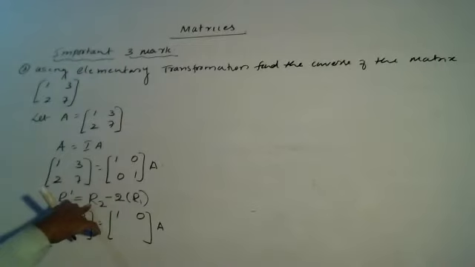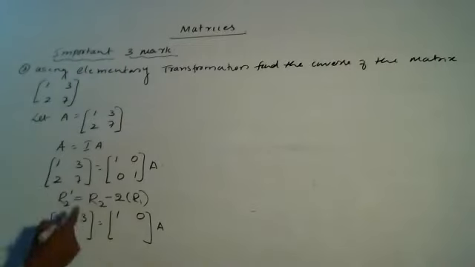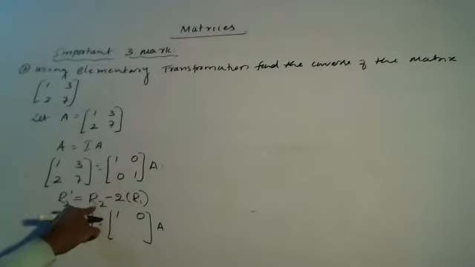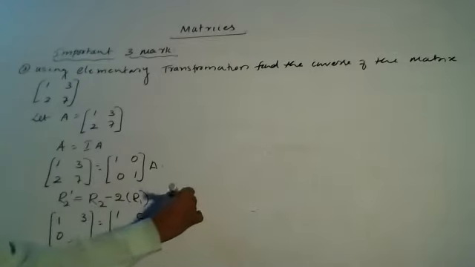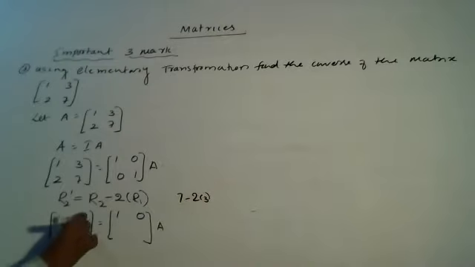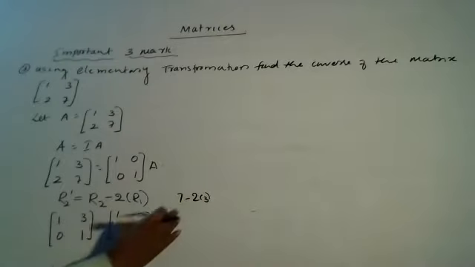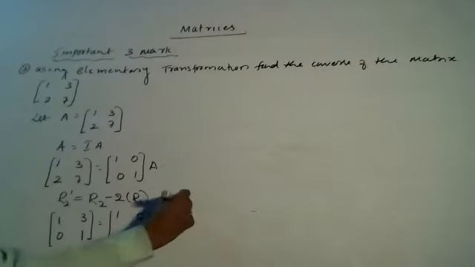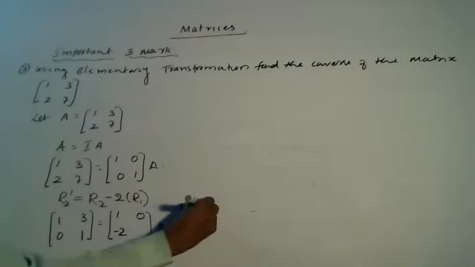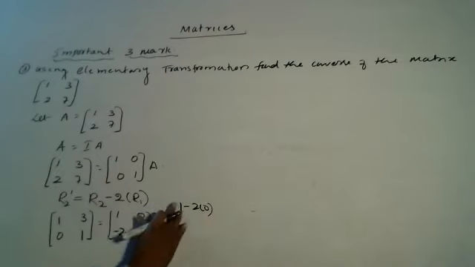R2 means 2 minus 2 into 1, 2 minus 2, 0. Then 7 minus 2 into 3. 2 threes are 6, 7 minus 6, 1. On the right, 0 minus 2 into 1 minus 2, and 1 minus 2 into 0. Answer is 0, 1.